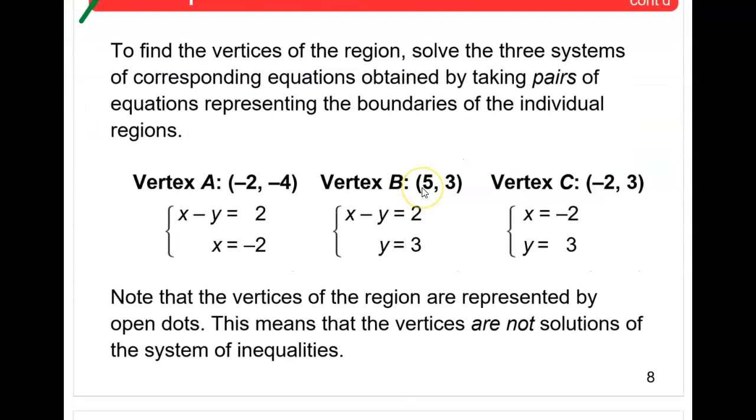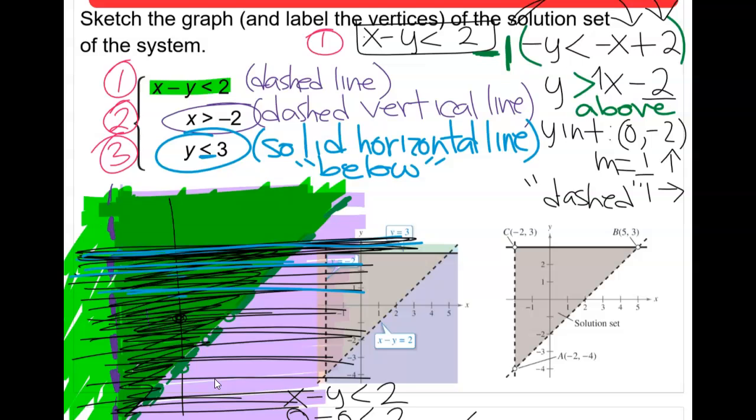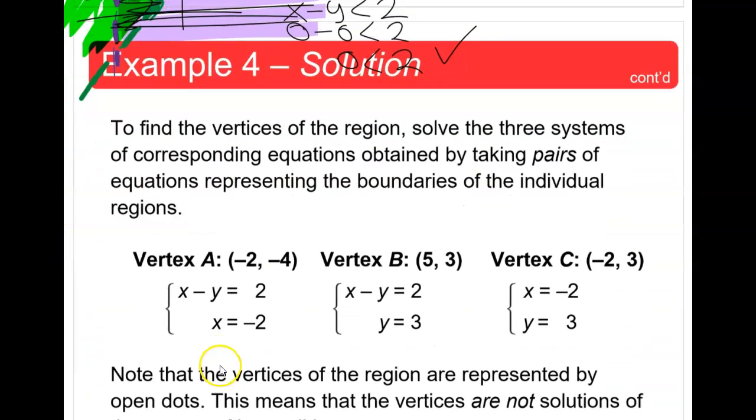Now, to find the vertex, or in plural, the vertices of the region, you solve the 3 systems of corresponding equations obtained by taking pairs. So, for example, the first one is taking inequalities 1 and 2.